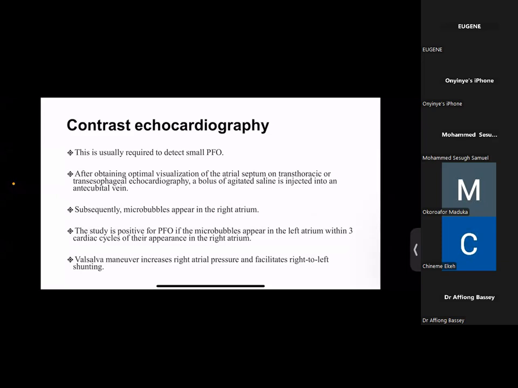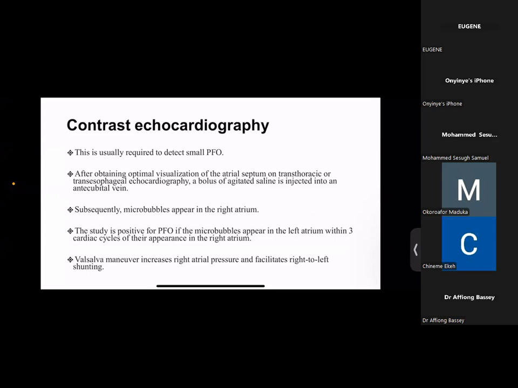An important investigation in PFO is contrast echocardiography. It's usually performed to detect even very small PFOs. After obtaining visualization of the atrial septum, either through transesophageal or intracardiac echo, a bolus of agitated saline is injected into the antecubital fossa.